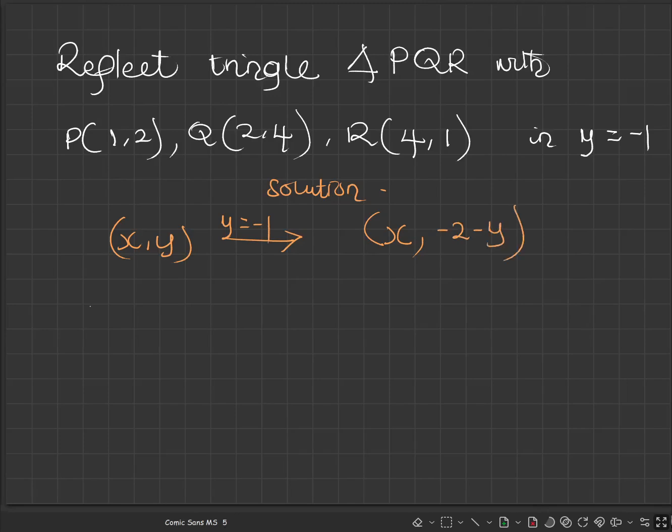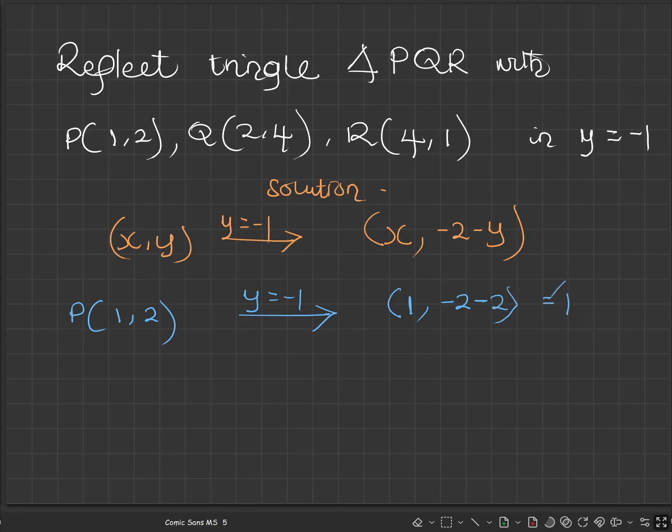So hence, starting with our P, that of P was (1, 2), and reflecting over y equals -1, we are going to get the x being maintained. Then for the y, we have -2 minus the y value here, which is 2.